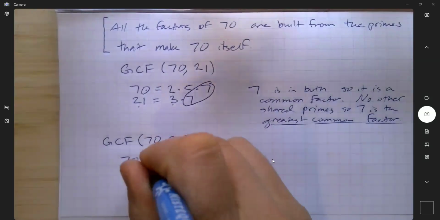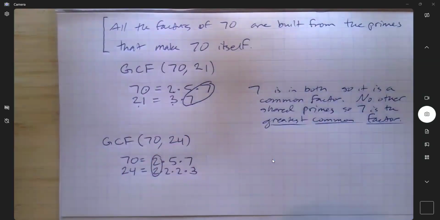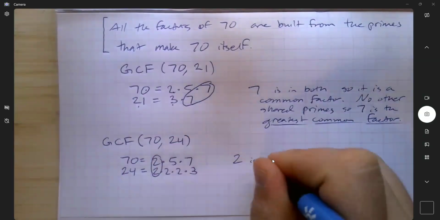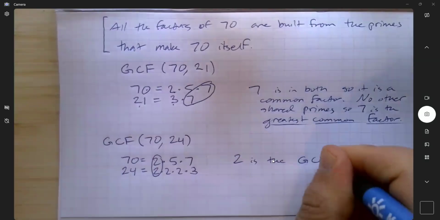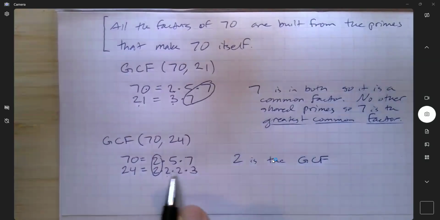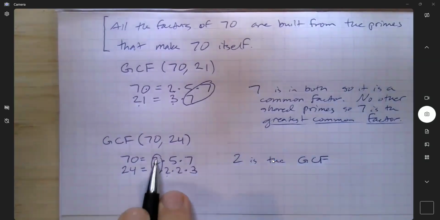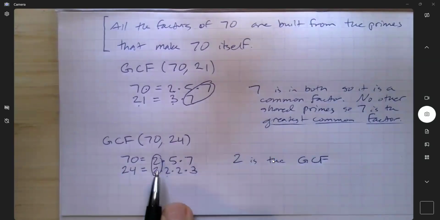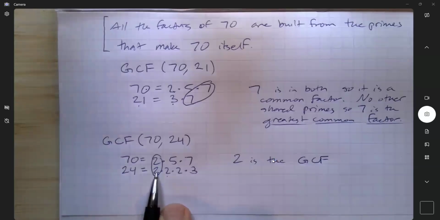And in this case, there's a 2 in both. And even though it shows up more often in the 24, you have to pair it each time. The fact that there's only a single 2 in 70 means only one of the 2's in 24 counts. The 2 is the greatest common factor.